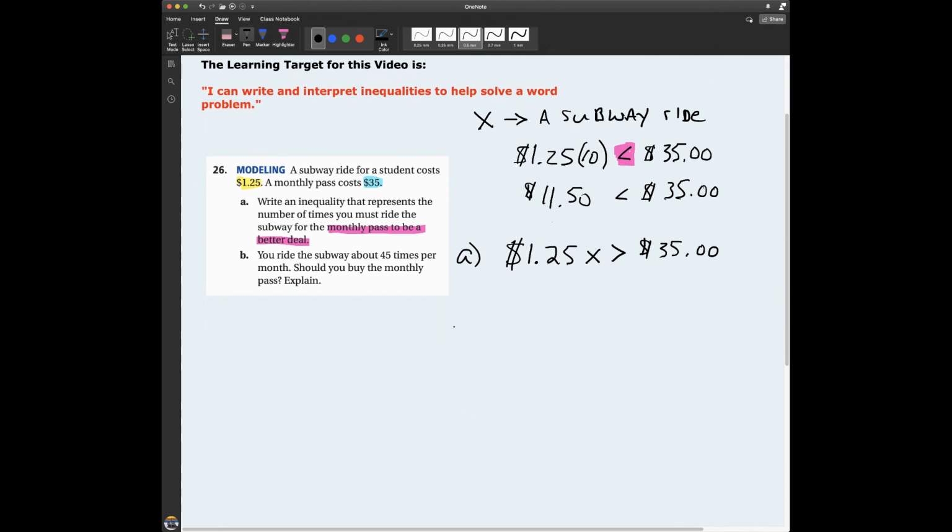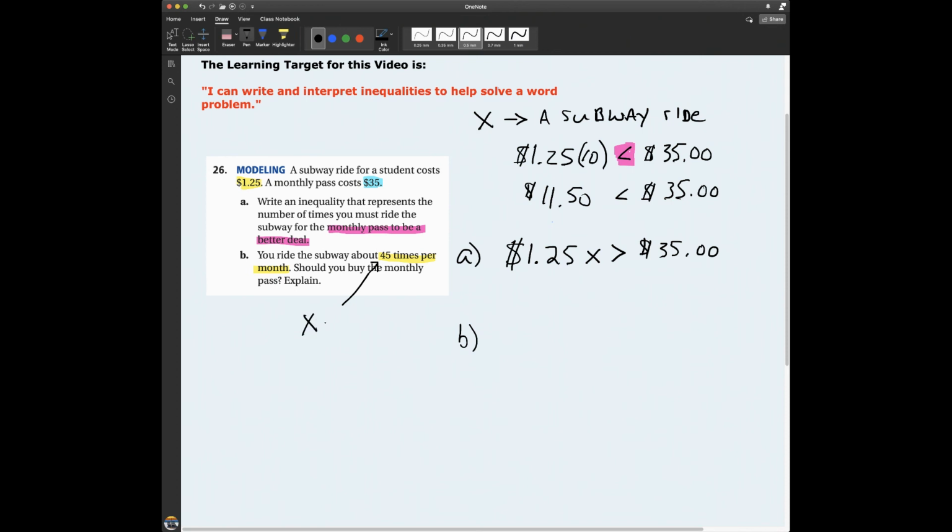Part B, what does part B say? Part B says you ride the subway about 45 times per month. Okay, should you buy the monthly pass? So now this is like one of those problems where we're given a value for x.